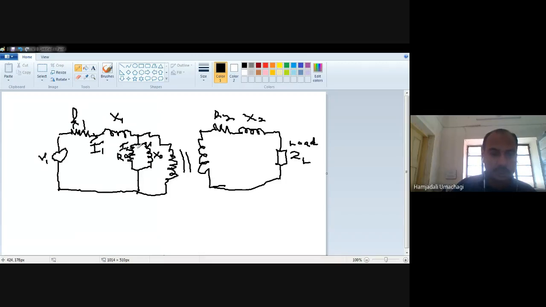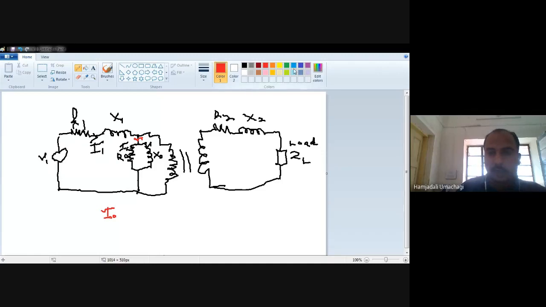This magnetizing branch is this one, magnetizing branch or no load current branch. So this no load current is I0 here. Let me change the color. So this red color, whatever I have shown with the downward arrow mark, that is for no load current I0.